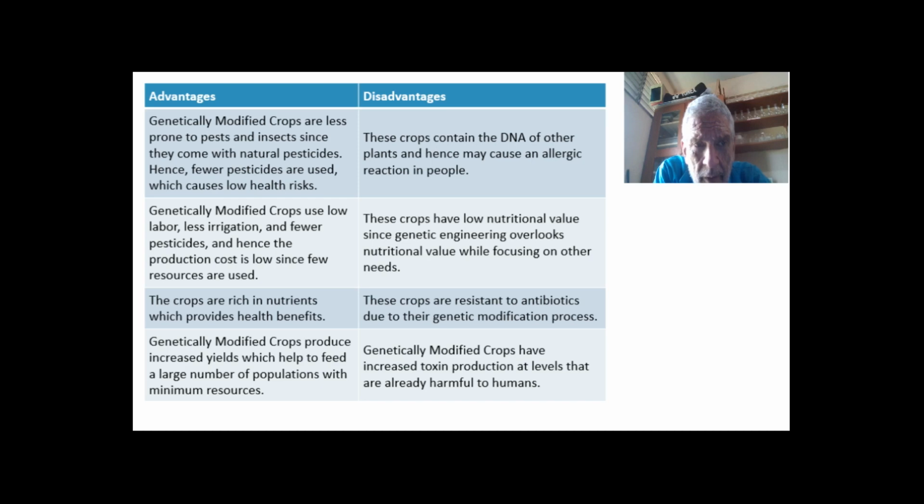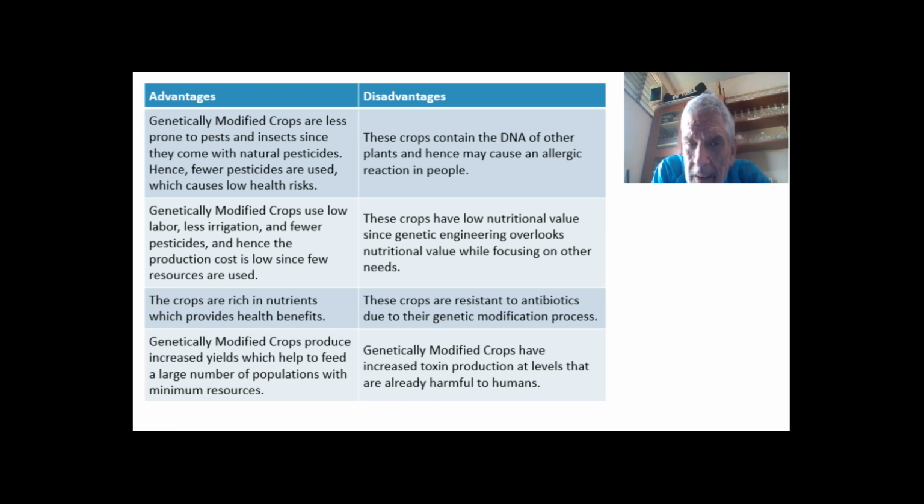You can think of something such as BT corn in this regard. A disadvantage on a similar level, these crops contain the DNA of other plants and hence may cause allergic reactions in people. We know, for example, that many people are allergic to peanuts. And if you put a peanut gene into, say, a lettuce, the person might suffer the same allergic reaction.